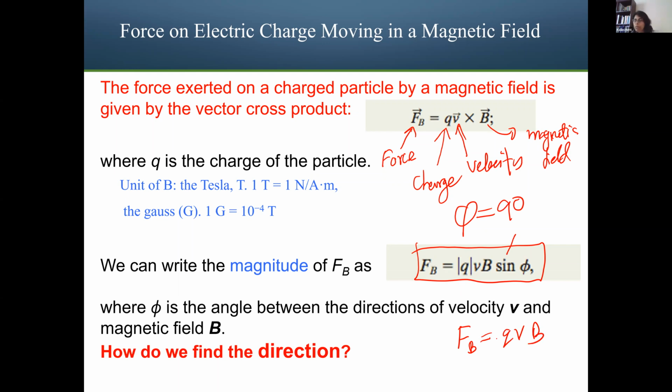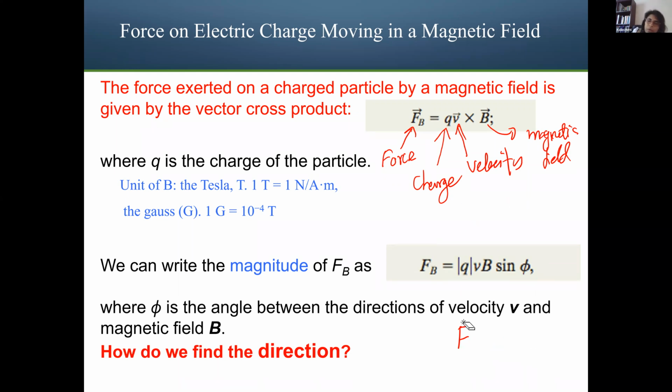That's the maximum magnetic force that you can get. So that's the idea about the cross and dot product in a simple version, right? There is a lot of mathematical explanation for that, but the only thing we need to understand here is that the magnetic force can be calculated using the formula that I have here. This is the formula to calculate the magnetic force.